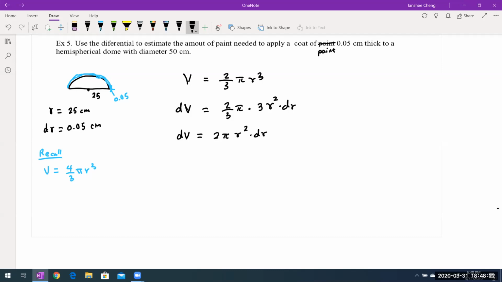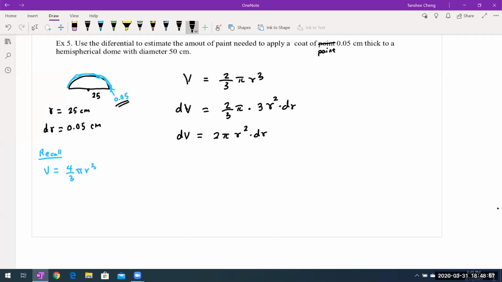So notice that this differential formula will help us to estimate for any thickness that we want for this particular diameter or any other diameter that we are going to talk about later on. Those are the variables that we have. That's why I mentioned before, this differential of V, in this case the volume, depends on the radius of this hemisphere with the dr, which is the thickness of the paint that you want to put on.